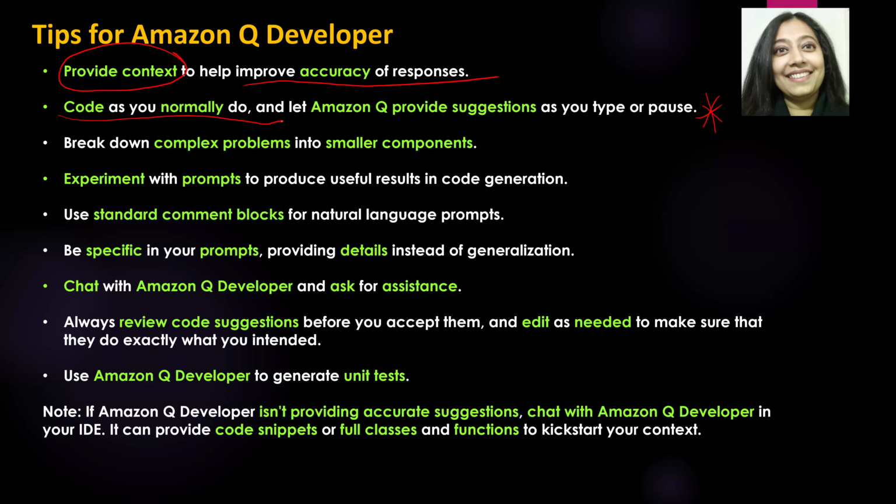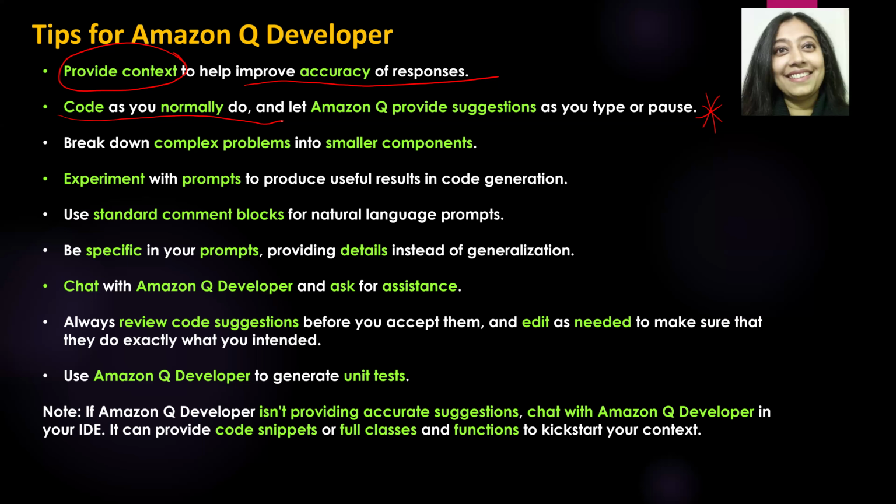So please remember, it's a coding assistant. While you are coding, it is going to help you. It is going to provide you suggestions. But for it to provide suggestions, you still have to code. It is not replacing your effort for coding. So your expectations from Q have to be set correctly.